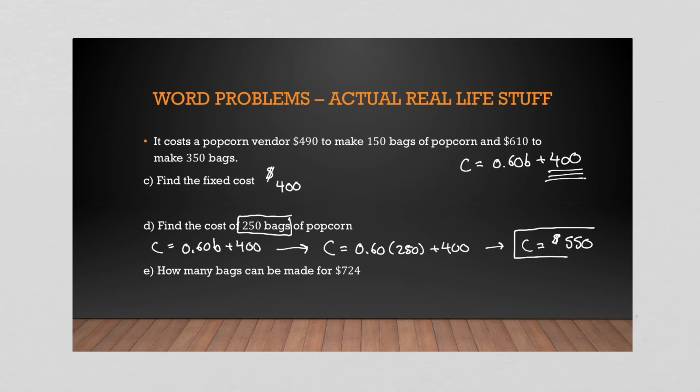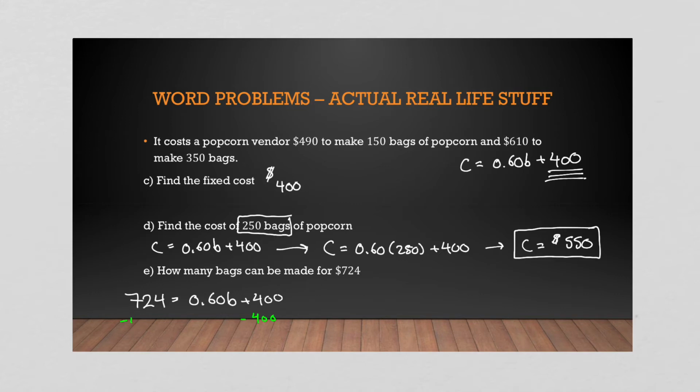So we're now using our equation to solve for particular sets of information. So now the last one is how many bags can be made for 724. So that would be my cost, right? So in this case, I have 724 equals 60 cents per bag plus 400. And I want to solve for b. So this is pretty simple algebra.